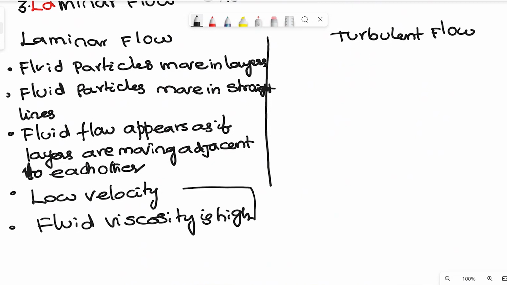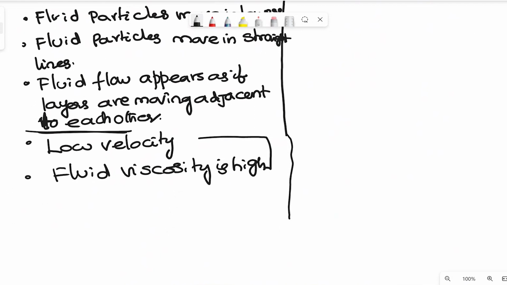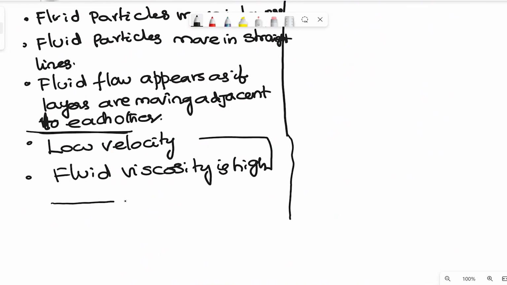These are the two cases, but the above three are definitions. First one is fluid particles move in layers. Second one is fluid particles move in straight lines. They won't cross each other. The fluid flow appears as if one layer, the adjacent layer, like that in layers, the fluid flow is taking place. All this is possible only at a very low velocity and when the fluid viscosity is high.